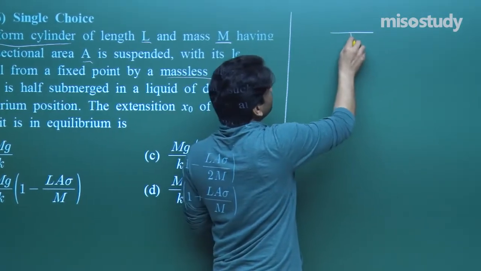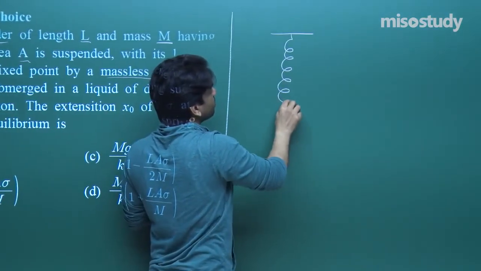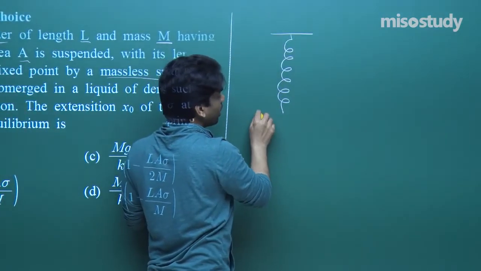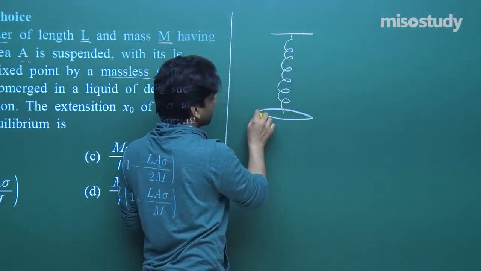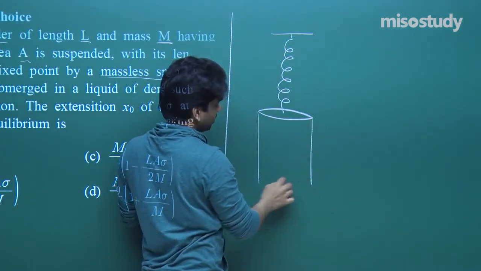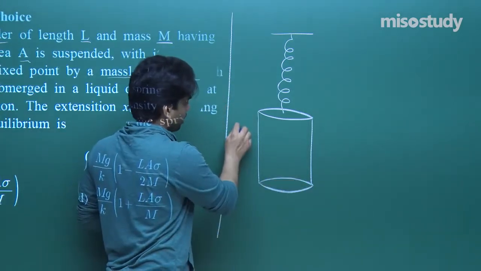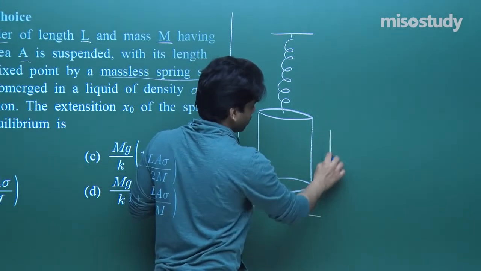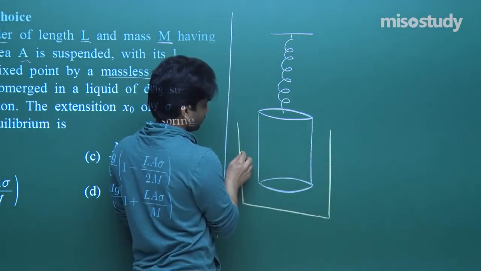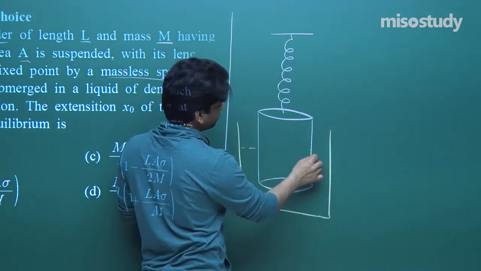You have a spring. With the help of this spring, you have suspended a cylinder, and this cylinder is suspended in a liquid, half submerged in a liquid of density sigma. So let me show you that it is half submerged.